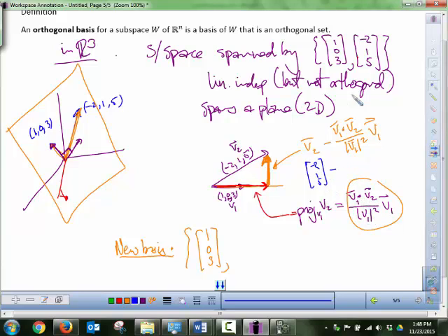What's V1 dotted with V2? 13? 13 divided by the magnitude of V1 squared. This is V1, so 1 plus 9 is 10, square root of 10, squared is 10, multiplied with V1, 1, 0, 3.